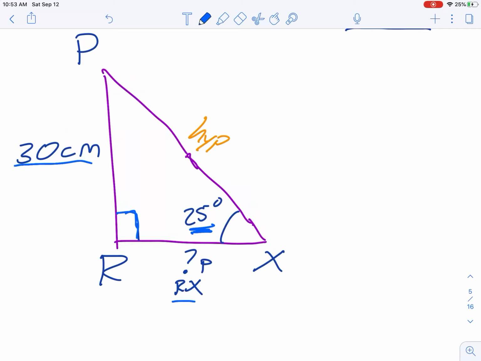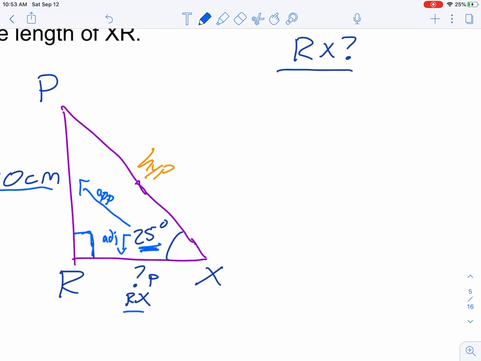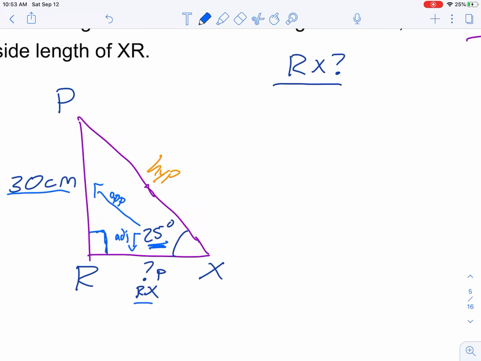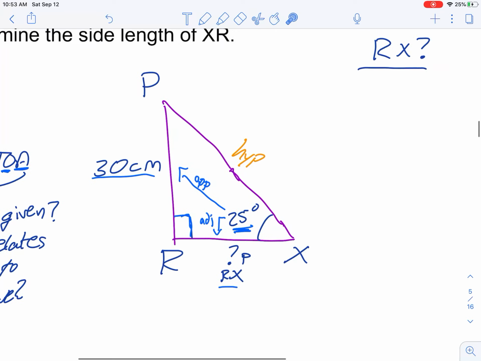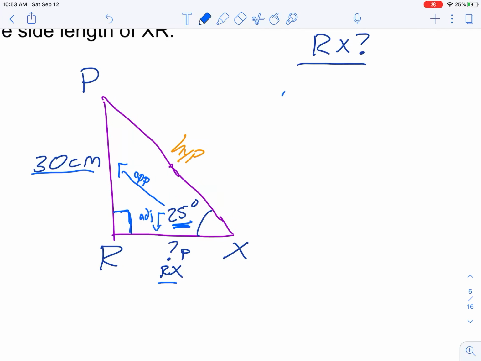Remember that hypotenuse can never be adjacent. So here is our opposite of 25, and this would have to be our adjacent. Opposite and adjacent, that's TOA. So we clearly need to use tan here.